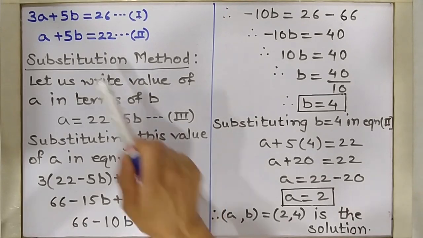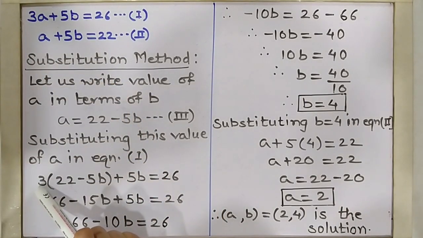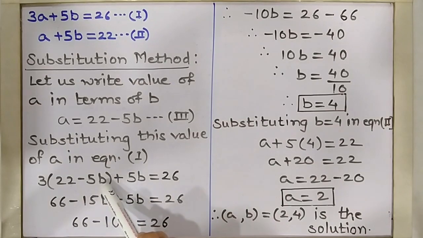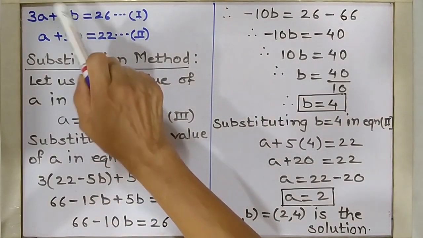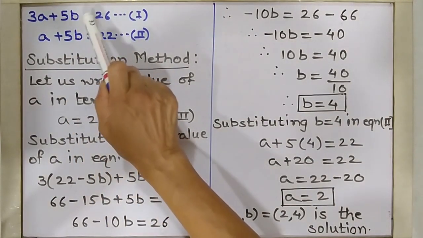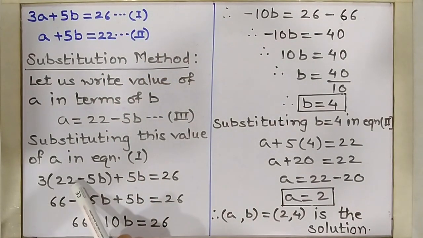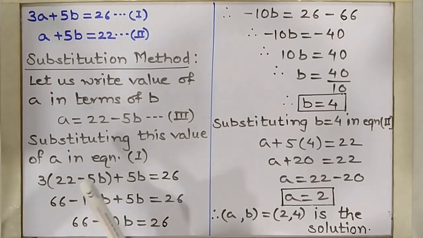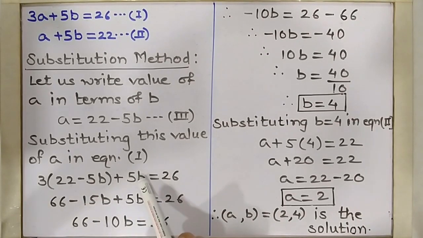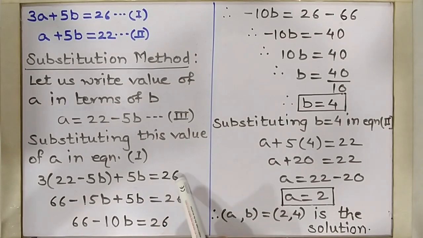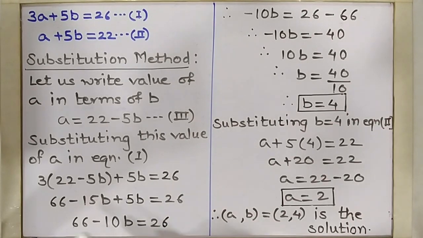So my equation becomes 3 into (22 minus 5b) plus 5b, as it is, equal to 26. 3 into 22 is 66. 3 into minus 5b is minus 15b, plus 5b is equal to 26.